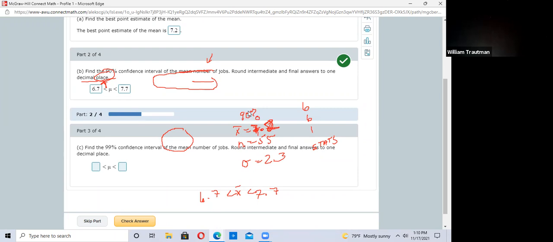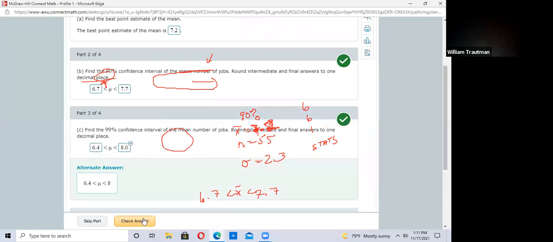Average was 7.2. N is 55 and confidence level is 0.99. And this time I get 6.4, and the upper limit is 8.0 if I round it to one decimal place. And we got that correct also.